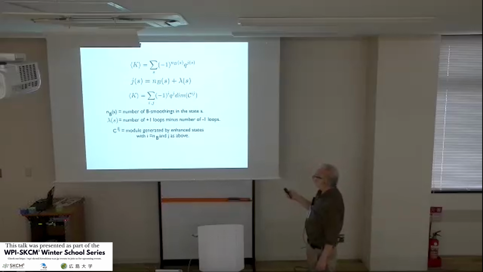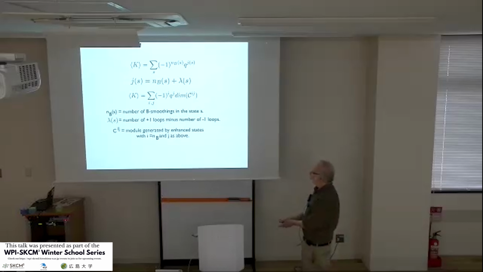And then there's a power of Q. And only the power of Q, right? But what contributes to the power of Q? Well, the number of B smoothings, because every time you get a B smoothing, you get a Q. But also, you get a Q to the +1 every time you have a loop labeled +1. And you get a Q to the -1 every time you get a loop labeled -1.